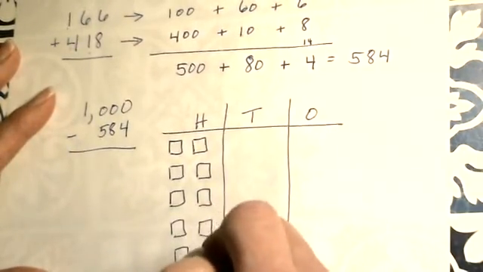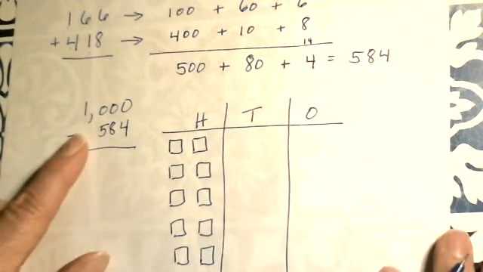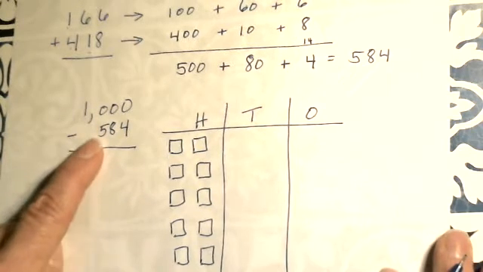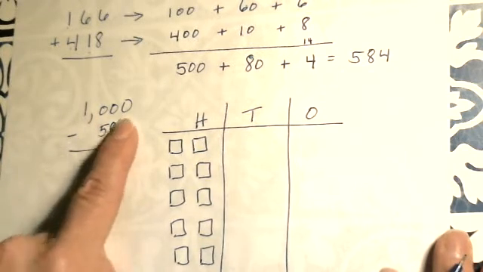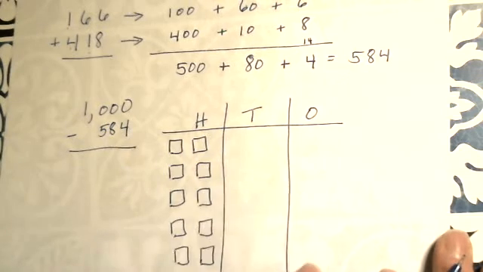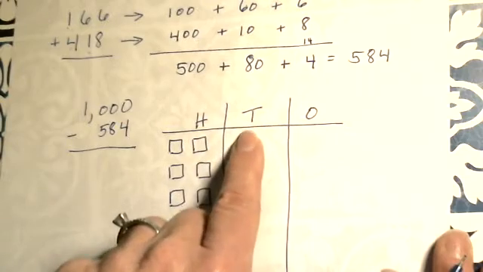Okay, 10 hundreds is the same as 1,000. Now I'm going to subtract 584 from 1,000.